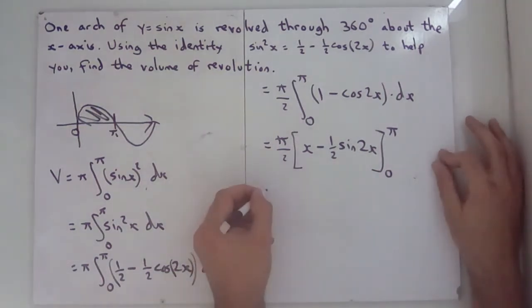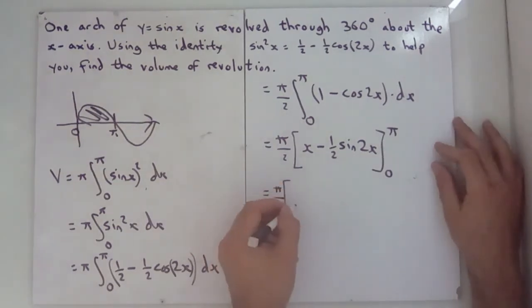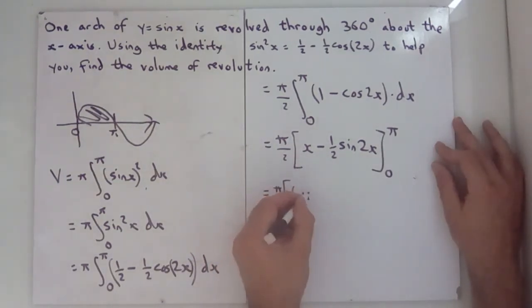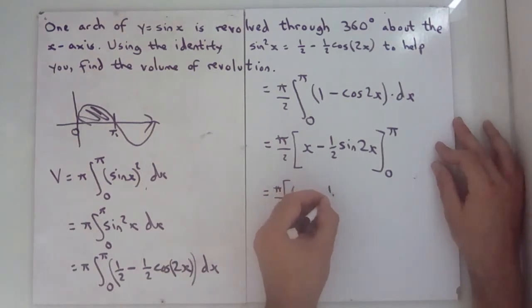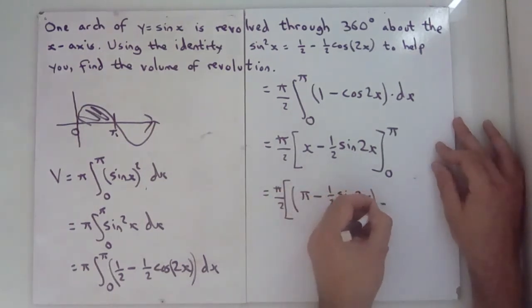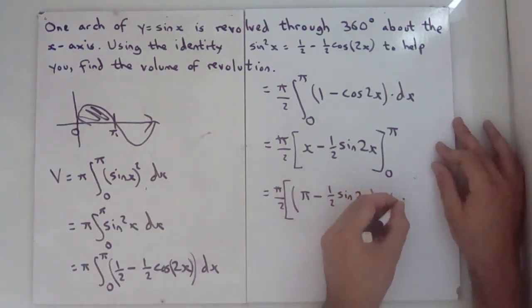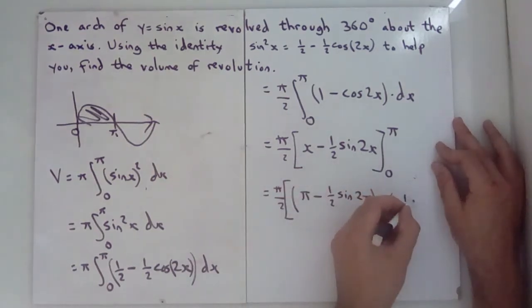So now it's going to be equals pi over 2 times pi minus a half sine 2 pi, minus, well, 0 minus a half sine 2 times 0.